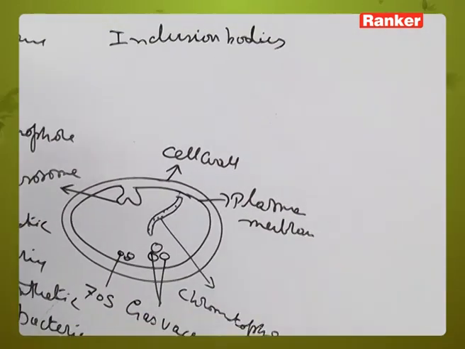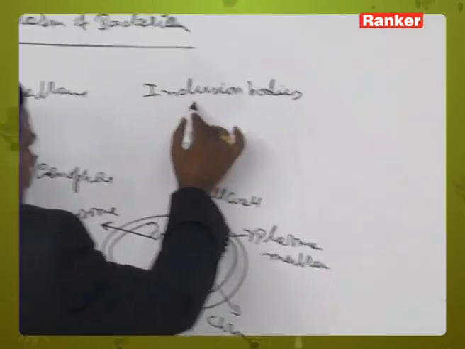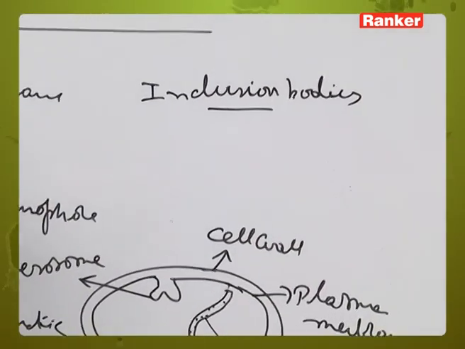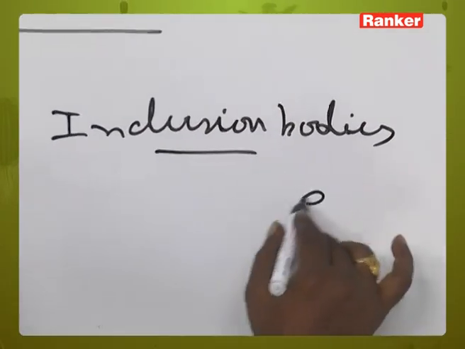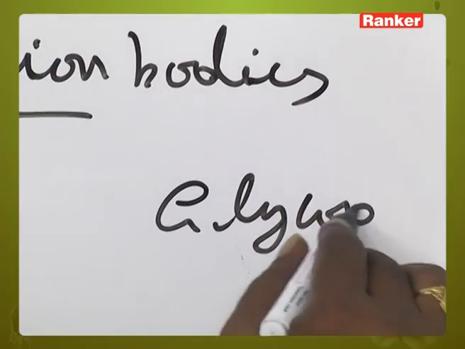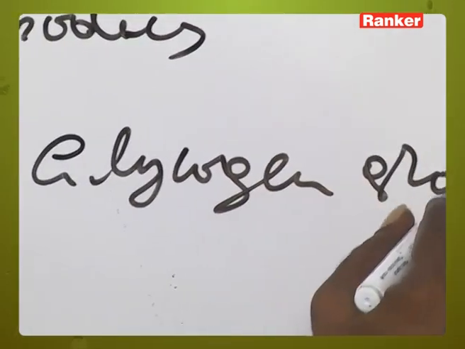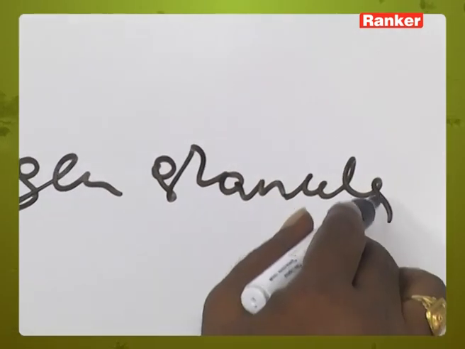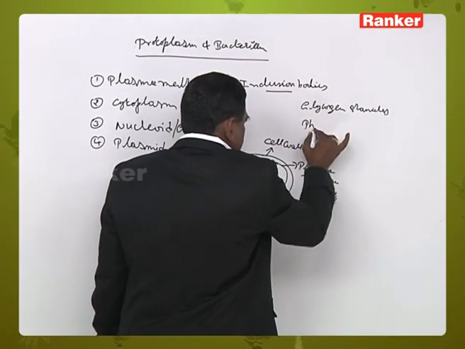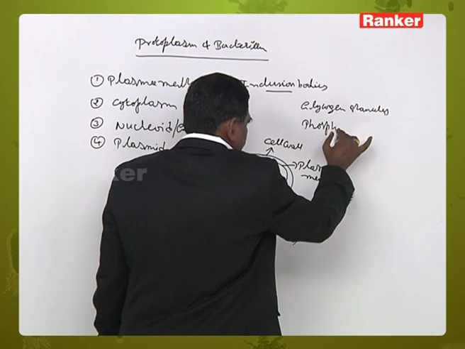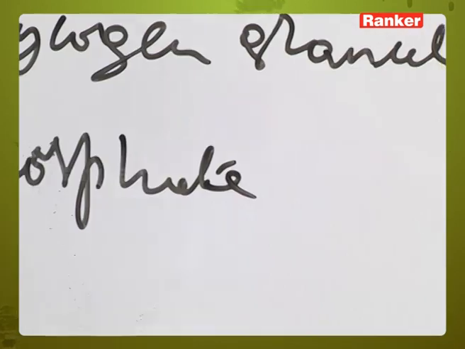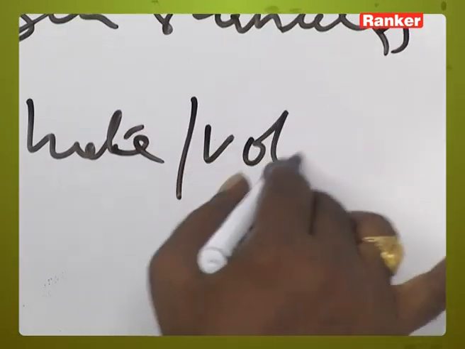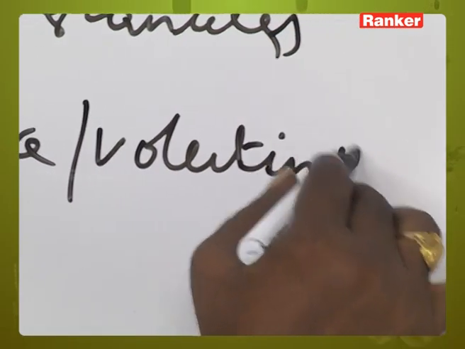In bacterium, the reserved food materials are glycogen granules or phosphate granules. They are also called volutin granules.